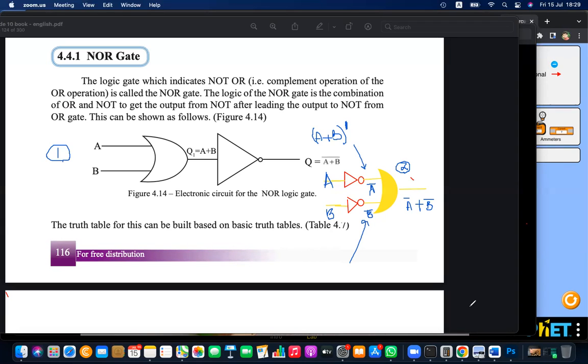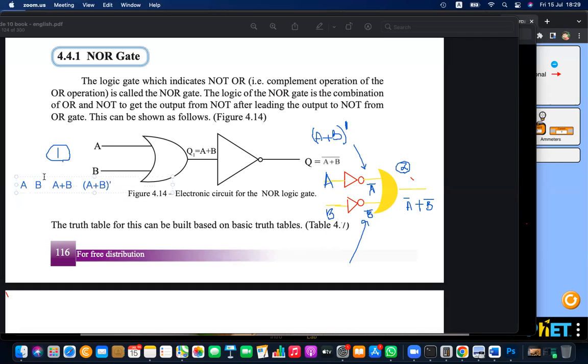Yes, sir. Okay. Now can you create the truth table, please? Can you create the first one? I'll help with the first one. I'll write it here. Since there are two inputs, you have A, B, A OR B, then A OR B everything not.